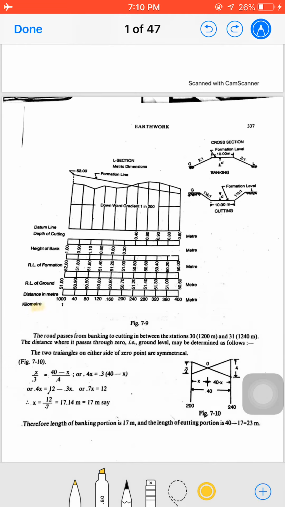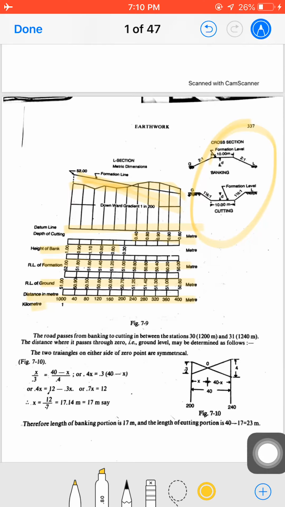So here it is the distance in meters. Then the RL of ground, then the RL of formation, height of the bank, and then the depth of cutting. Next, this is the datum line, RL of the ground, and this is the formation. This is the cross section of the road.